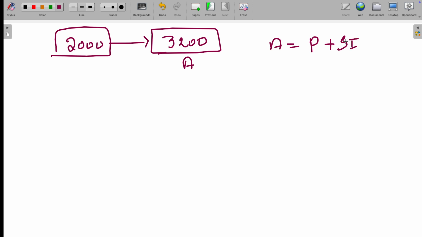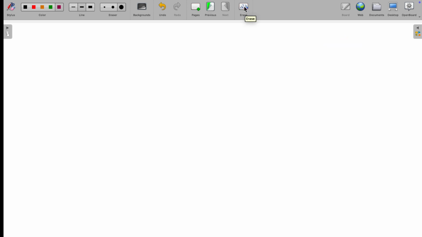Clear, everyone? Next, compound interest. We will solve many examples from this. How do we find compound interest? Let's learn. First, the basic formula to find the amount.